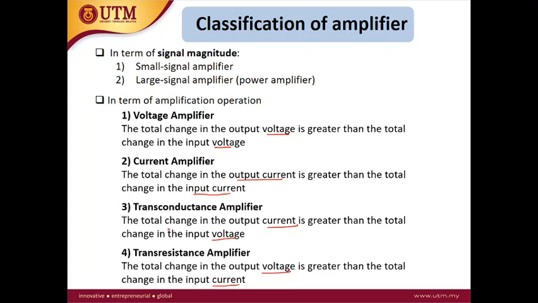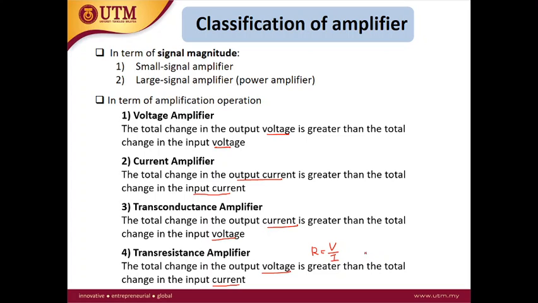So how you can relate the names transresistance and transconductance is actually with the equation for resistance and the equation for conductance. For example, the equation for resistance is R equal to V over I. So this is the equation for resistance.